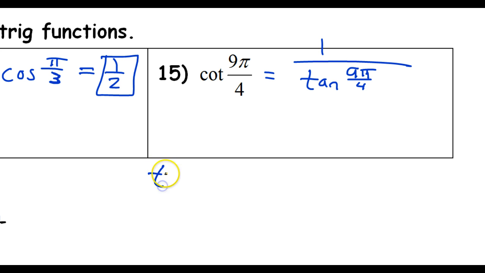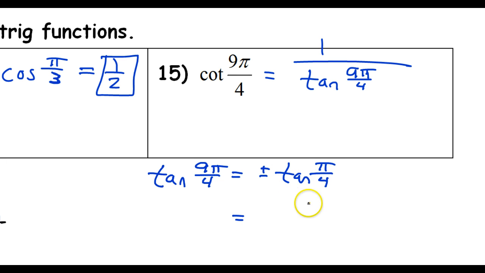So here I go on my quest to figure out the tangent of 9 pi over 4. But let's start with the reference angle. This should equal the tangent of the reference angle pi over 4, give or take a negative sign. Alright, we'll have to worry about that shortly. Now remember that tangent is sine over cosine.